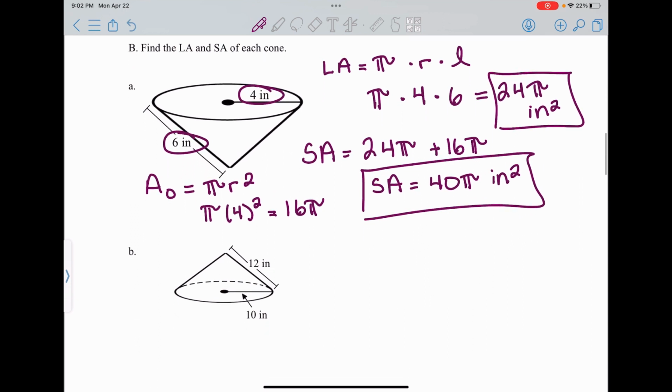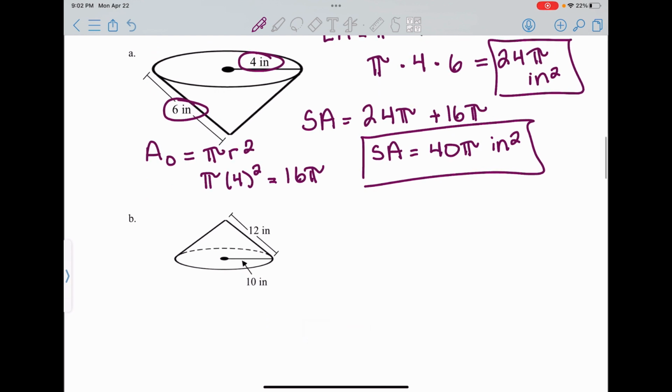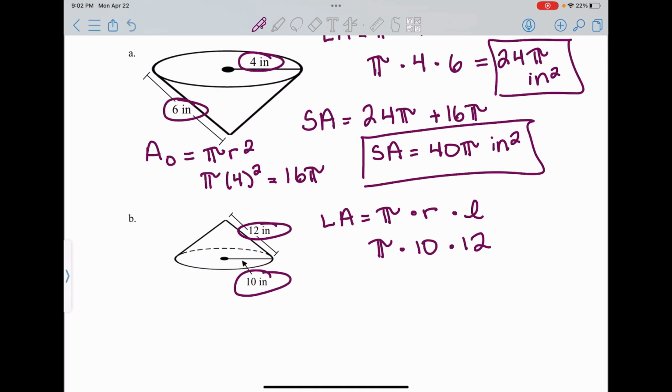Let's try this again. I have another cone, and to find lateral area, I use the formula pi times radius times the slant height. The radius is 10, and the slant height is 12. So I have pi times 10 times 12, which gives me a lateral area of 120 pi inches squared.